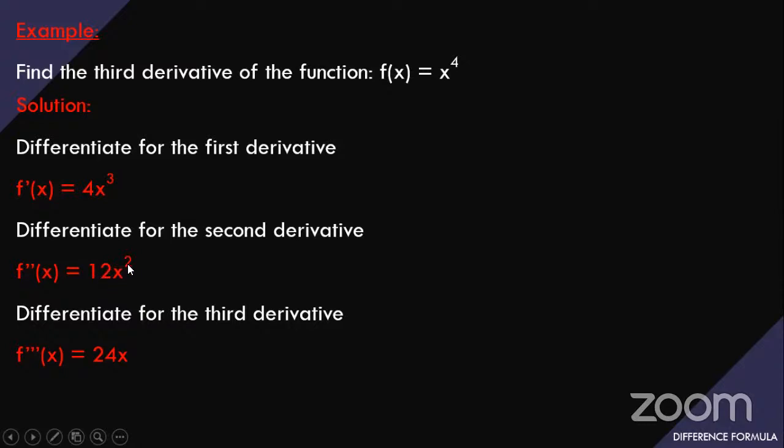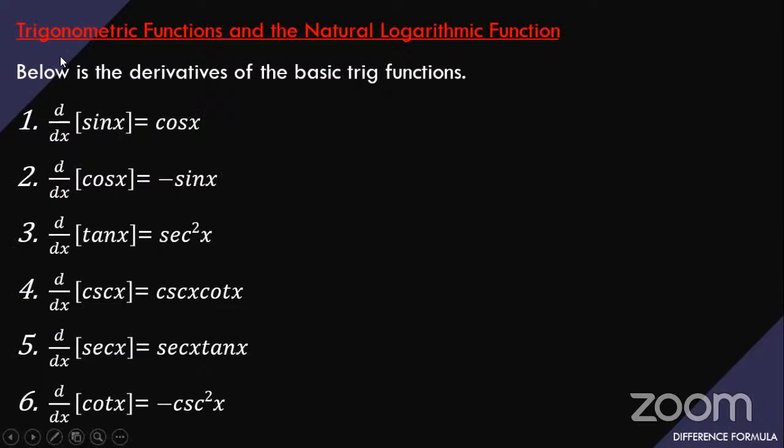That's the second derivative. Then we can differentiate the third time to give us 24x. So we can see that if we keep on differentiating, for the fact it allows us, that tells us that the function has higher order differentiation.